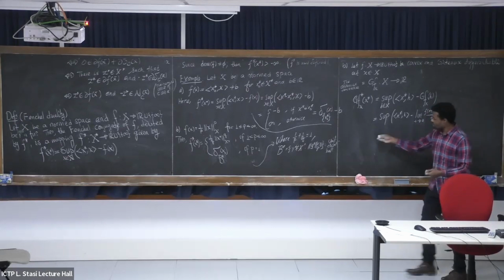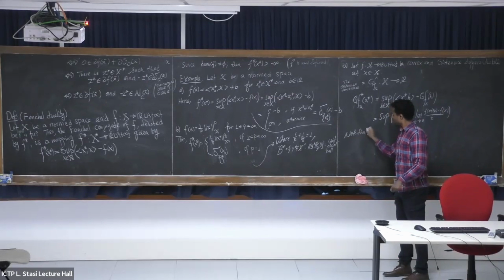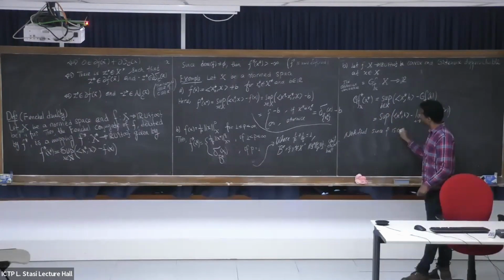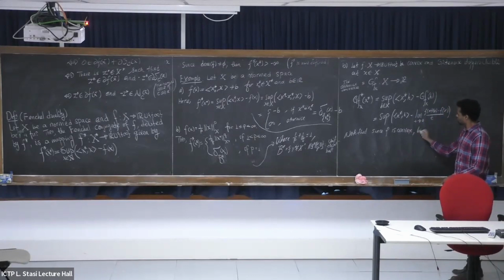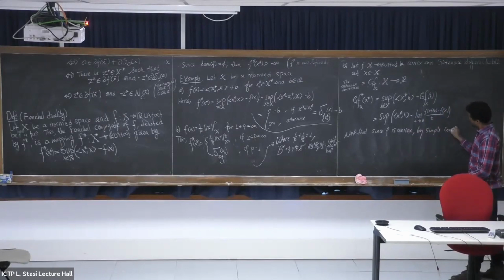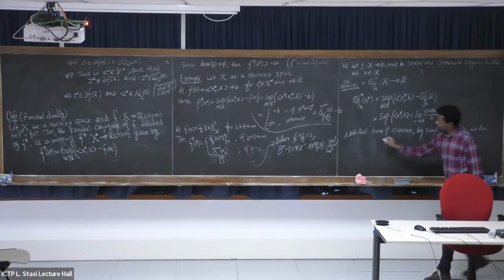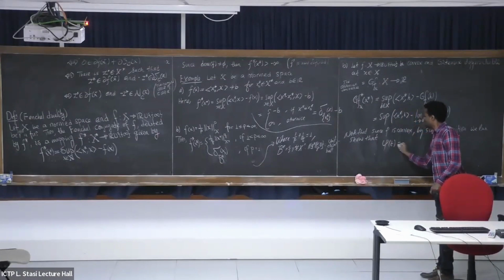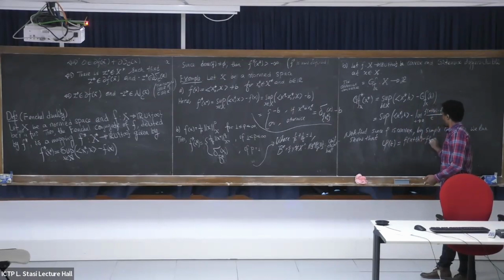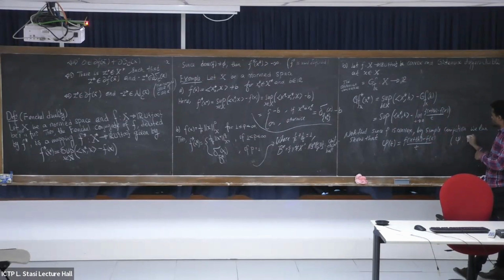This limit is equal to, since f is convex, by simple computation, we can show that phi of t is given by this one.